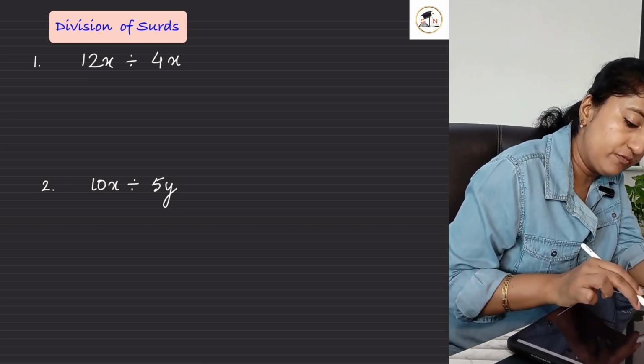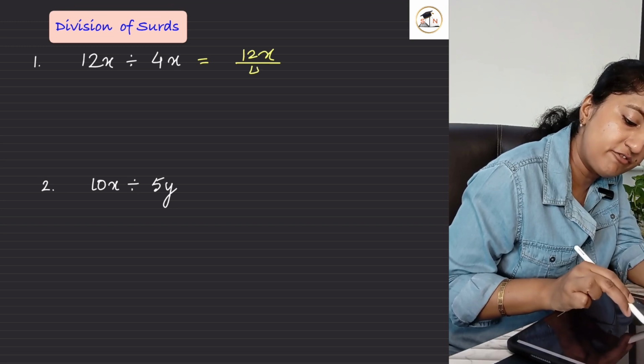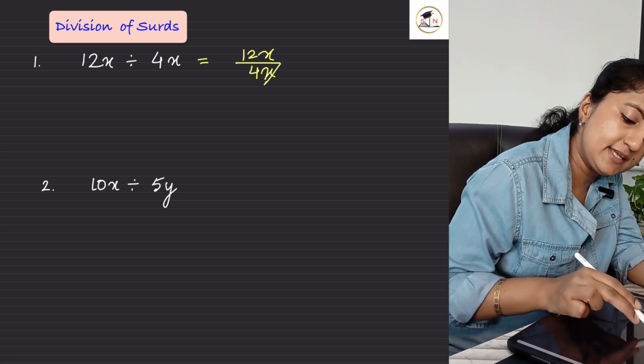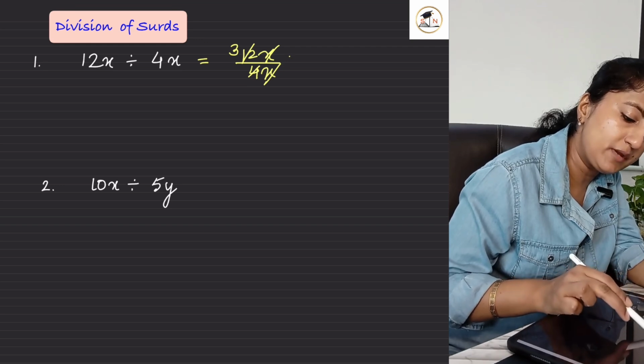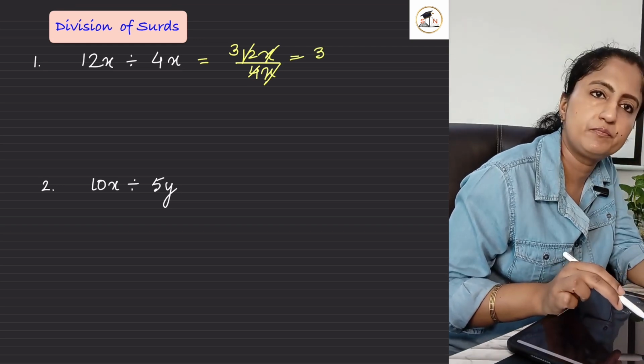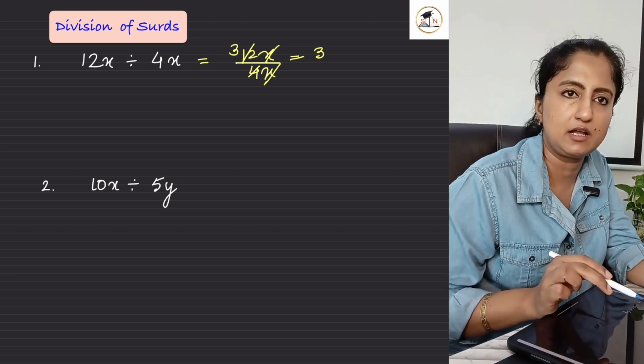Now, we can rewrite this as 12x over 4x. So x and x get cancelled. 12 and 4 will become 3. So my answer is just 3, right? Because there were the same variables, they cancelled out.